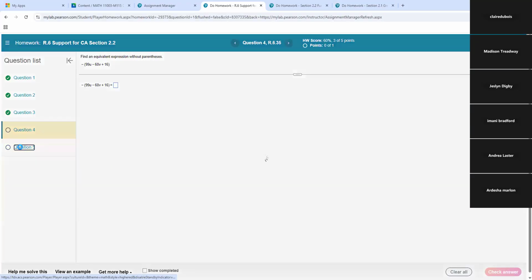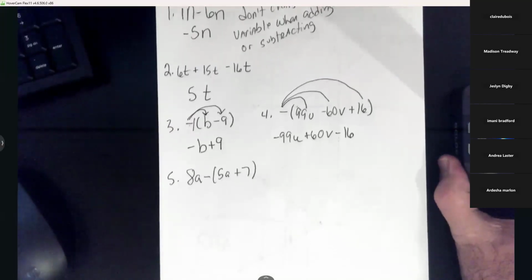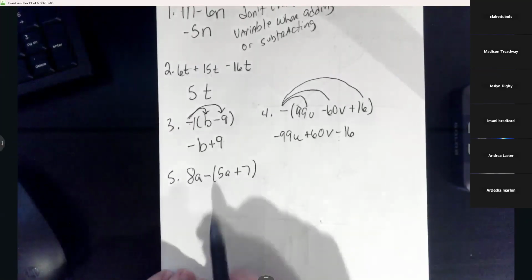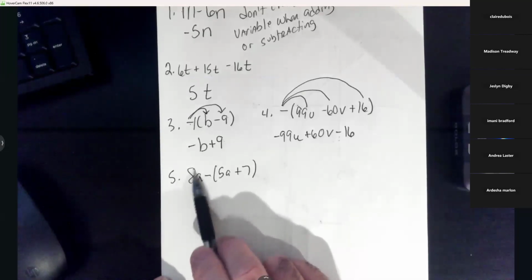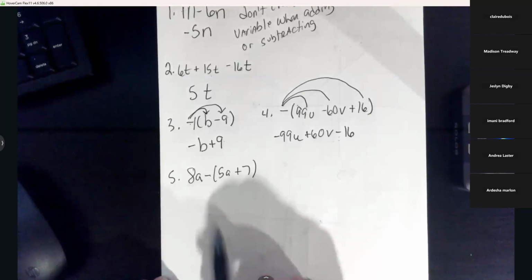And then let's see what this number 5 is. All right, let's see what y'all want to do to this one. 8a minus 5a plus 7. All right, y'all, so let me bring that over here. So y'all, let me show you on this one. This 8a is not in the parentheses. So you're going to bring this 8a down.